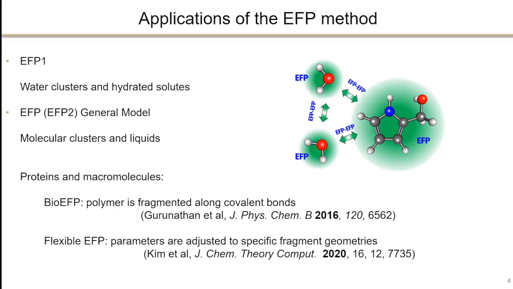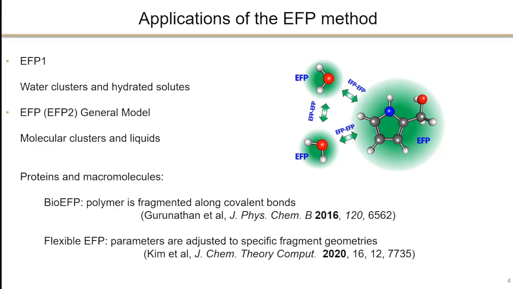EFP1 didn't include dispersion and exchange repulsion separately, so those two terms were developed afterwards, and that gave rise to what is called the EFP general model, or EFP2, which is the method that we are using in the Slipchenko group.